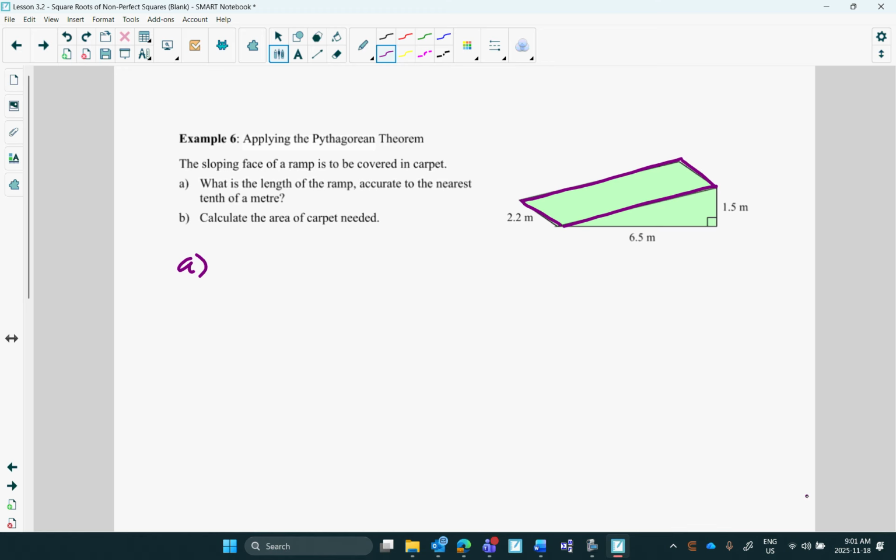All I know is that the ramp is 1.5 meters high at its highest spot, and it's 6.5 meters long, but that's not the length of the ramp. This is the length of the ramp. This is what I'm trying to find. So for A, we need to find x, and we use this right triangle to find it.